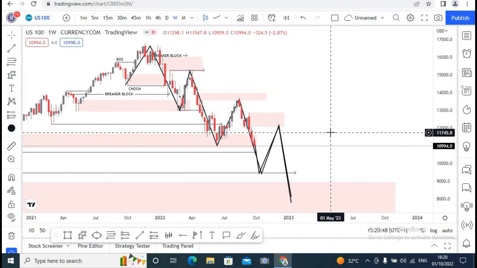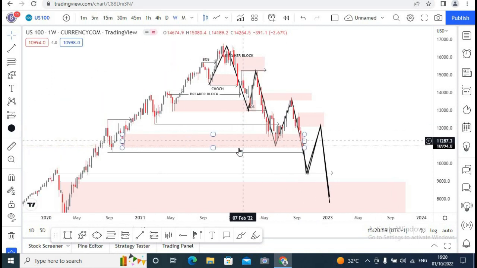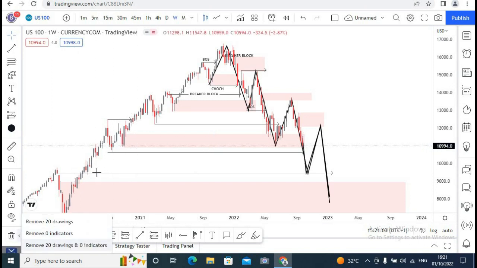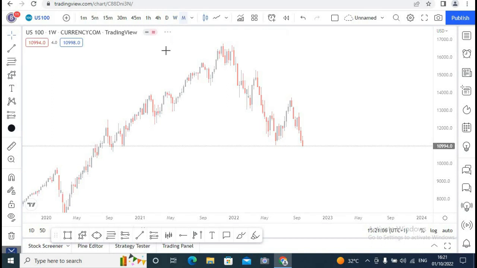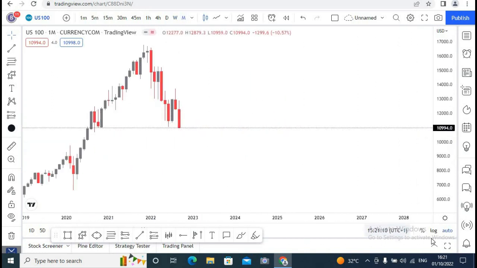So that's how the market structure will be looking like, and also that's how you use supply and demand in the market. You have to wait and see what the price will be doing to those previous last opposite candlesticks. They will help you to understand everything in the market.